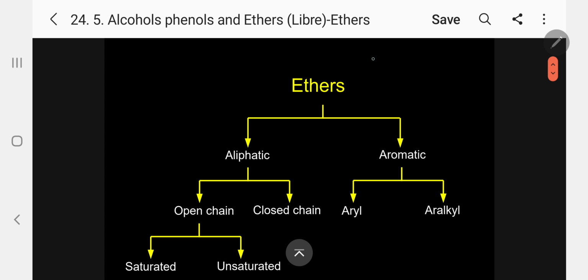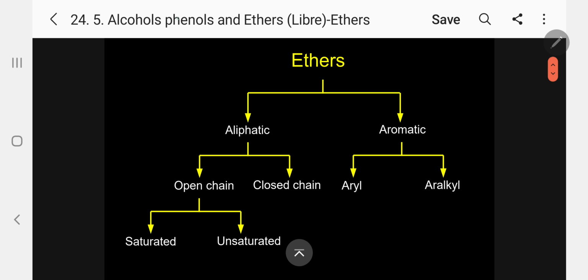First, let me concentrate on the classification. Ether can be broadly classified into two types as usual, aliphatic and aromatic. This is general for all types of organic compound. Aliphatic and aromatic differences, and what should be the characteristic of aromaticity, everything we have discussed under the basic concept of organic chemistry.